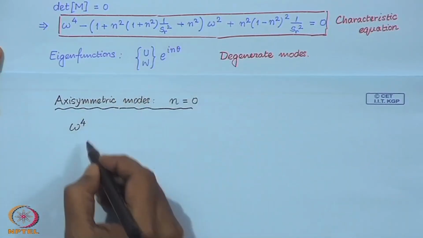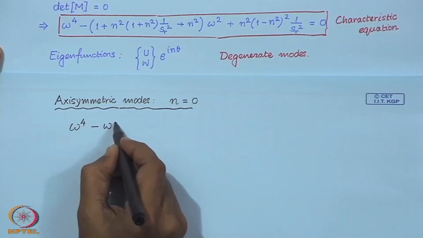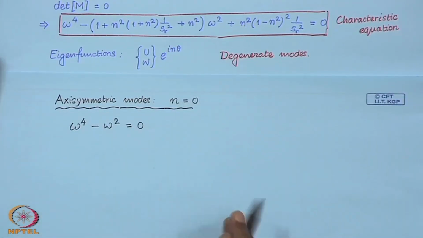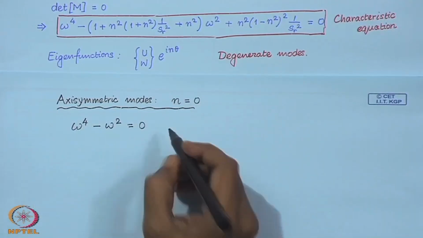So, n being 0, this is the characteristic equation for axisymmetric modes.